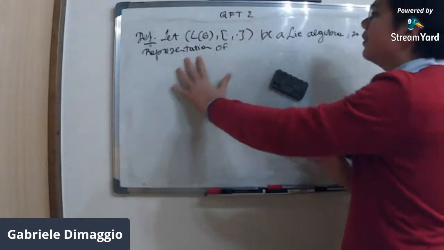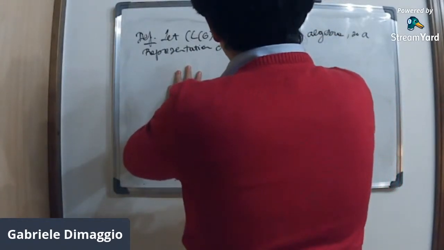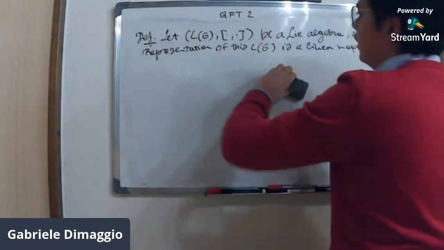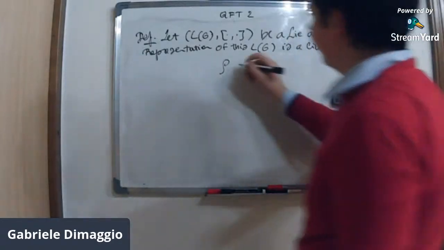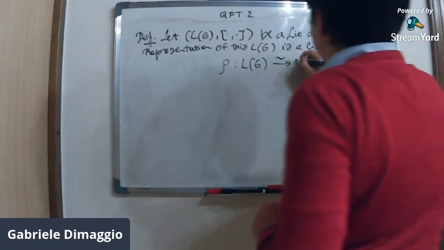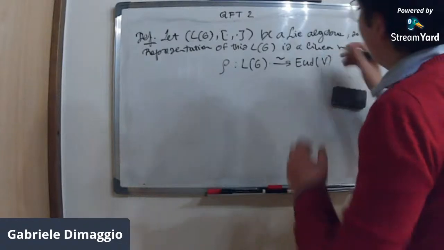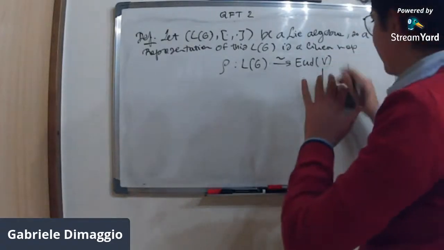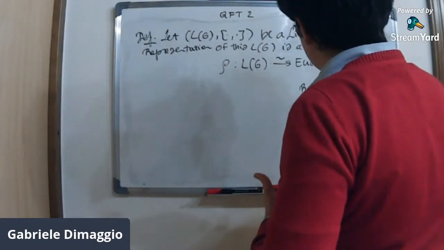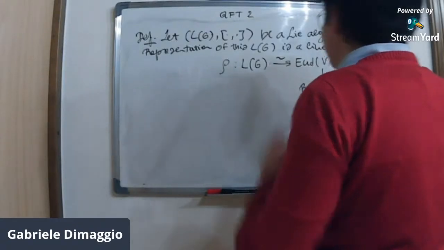In fact, the representation of this LG is a linear map rho from LG linearly to a family of endomorphisms over an arbitrary vector space. This vector space is called the representation space.